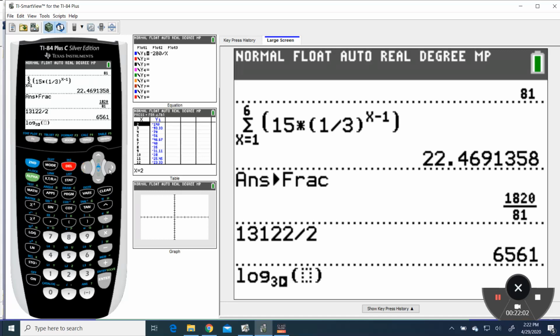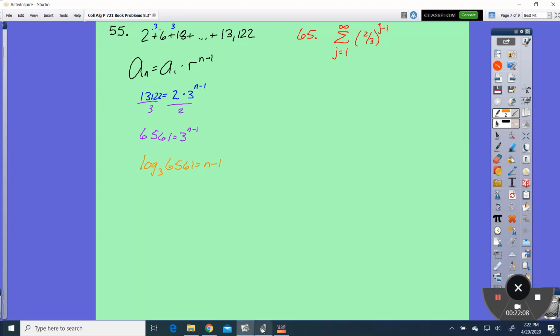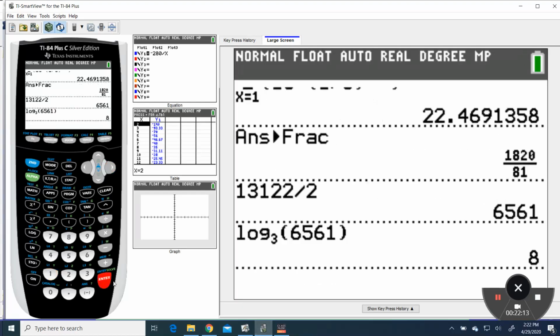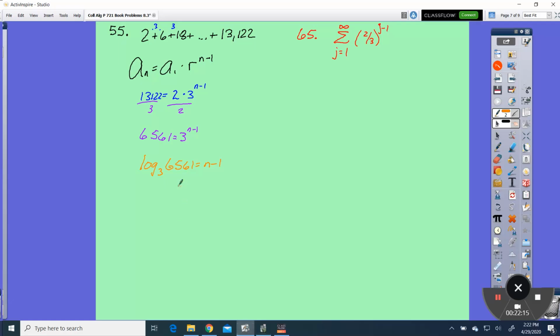Sad thing about a computer, it only does what you tell it to do. 6561. And then you hit enter. Oh, and it says it's 8. So this is 8 equals n minus 1, plus 1 on both sides. N equals 9. So there's 9 terms.